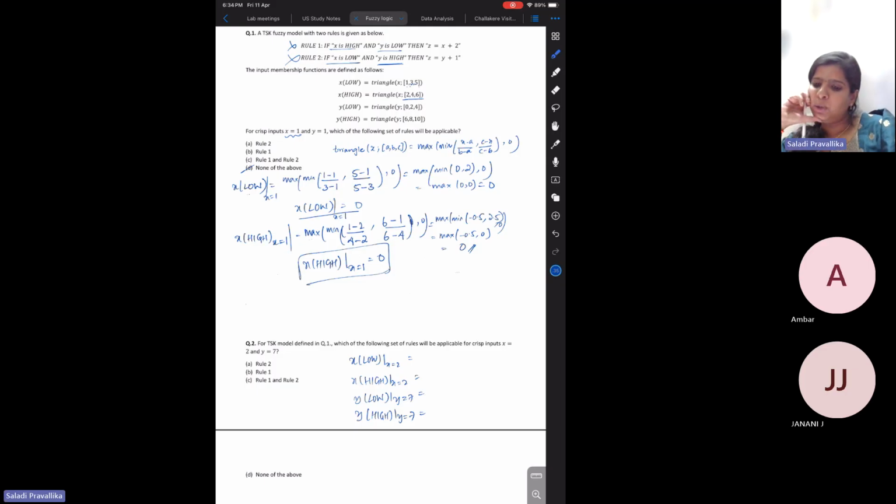Okay, Amber says rule 2 will be satisfied because the membership values are non-zero for this rule. I want the x low, x high, y low, y high values as well. What are the values that you have got for the given triangle function?